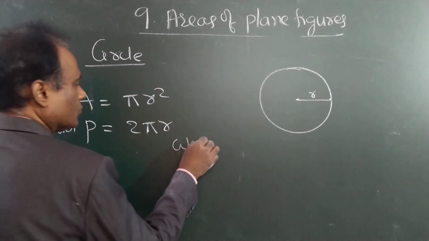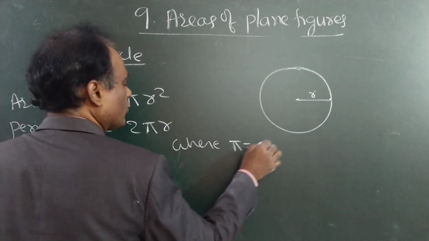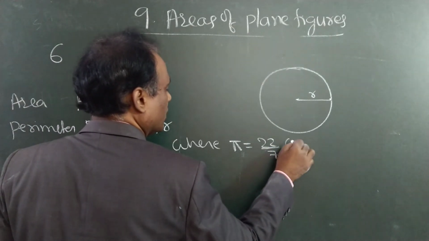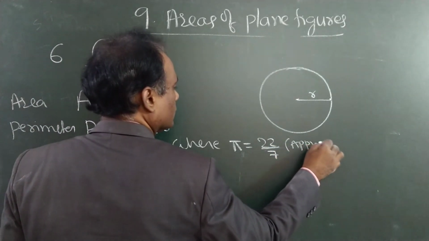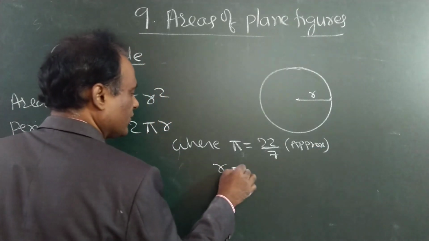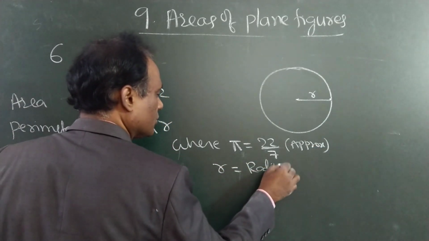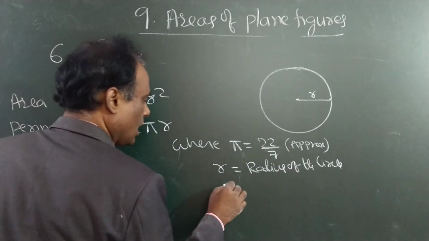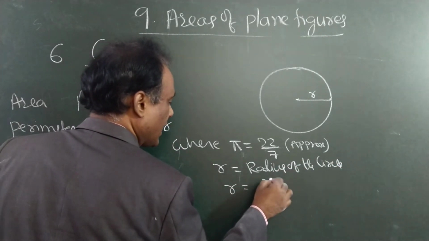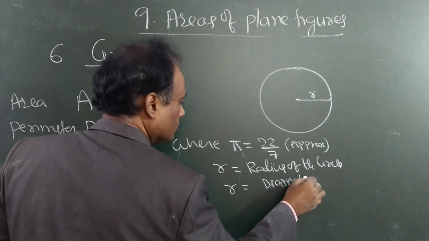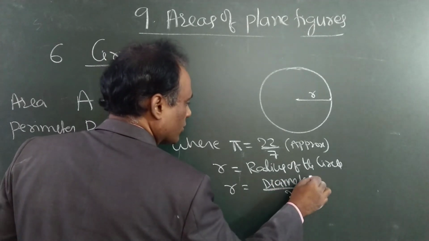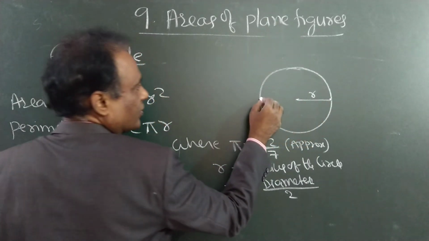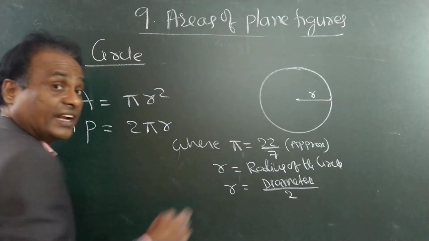Where pi is 22/7 approximately. Wherever we get pi, we write 22/7. And r is the radius. r is diameter by 2, half of the diameter. Suppose if you join like this, the total is the diameter.